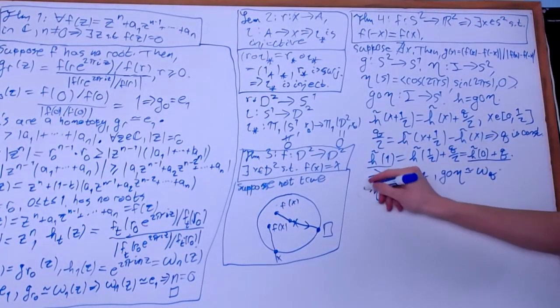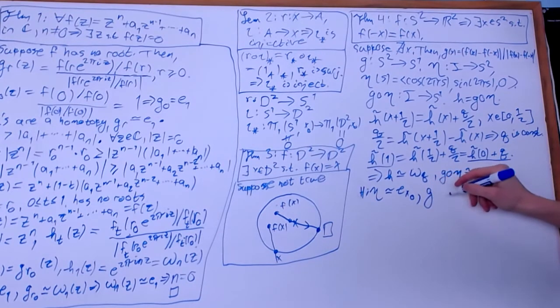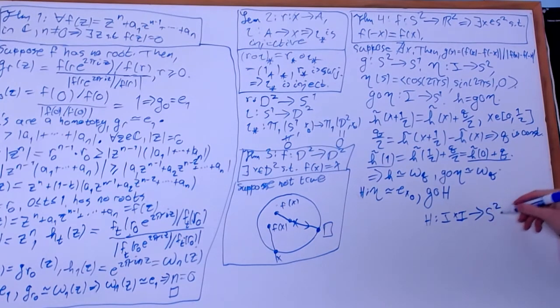Let's go ahead and say it's homotopic by some homotopy h. Then I can do a homotopy g composed h. Because remember, h takes you from I cross I into S2, and then S2 to S1 right there.